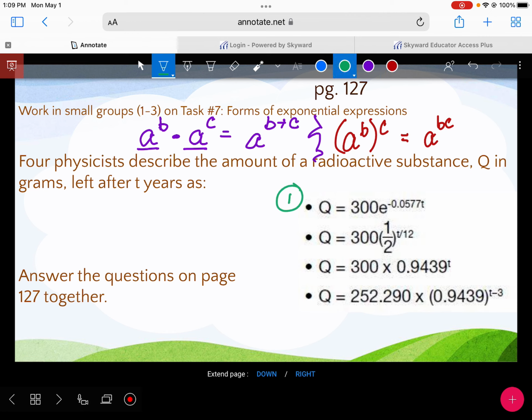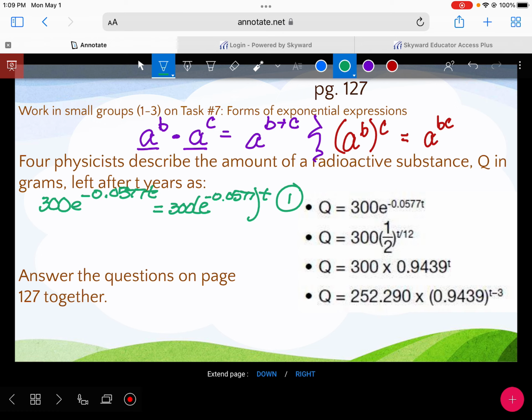So we're going to say Q equals 300 times e to the negative 0.0577 t power. And if you follow this, that is 300 times e to the negative 0.0577 to the t.